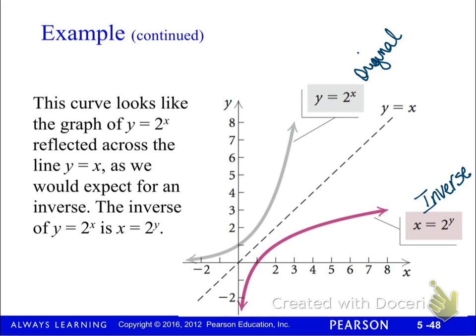So I could raise 2 to the negative 1, I could raise 2 to the negative 2, I could raise 2 to the positive 1, positive 2, or any aspect of that. The inverse of that, when we take the inverse of y equals 2 to the x, we have x equals 2 to the y. Now, our properties and what we were told to do is that at this point, when we have x equals 2 to the y, we are supposed to now solve for y. But until we introduce logs, we do not know how to do that. We don't know how to solve for y. So we have to introduce logs.